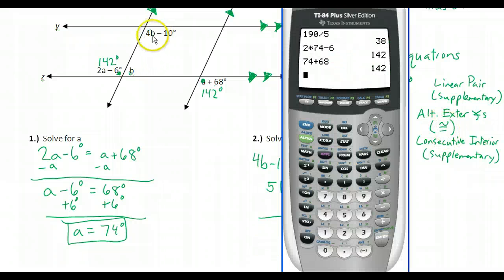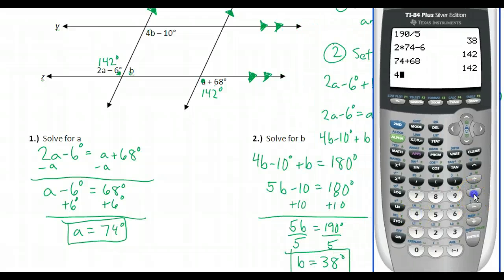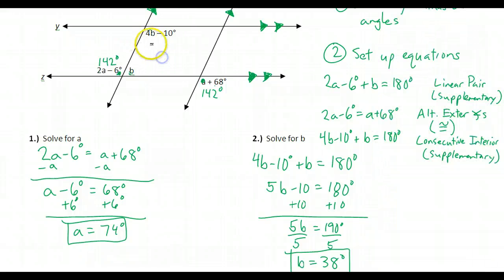This angle is 4b minus 10. So I have 4 38ths minus 10. It's also 142. Well, if I look, these two angles happen to be alternate interior angles between y and z.